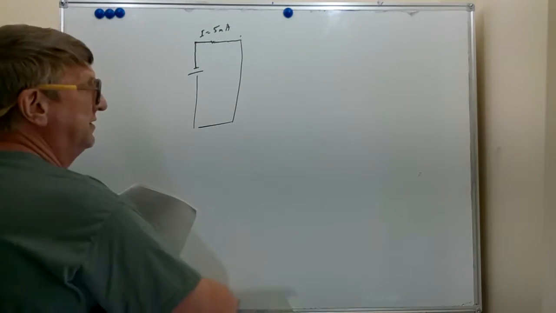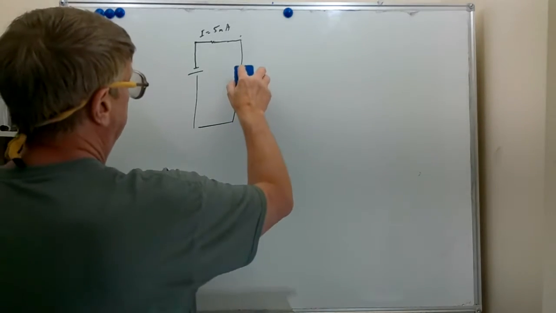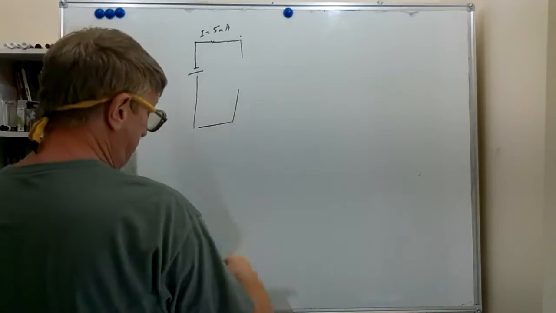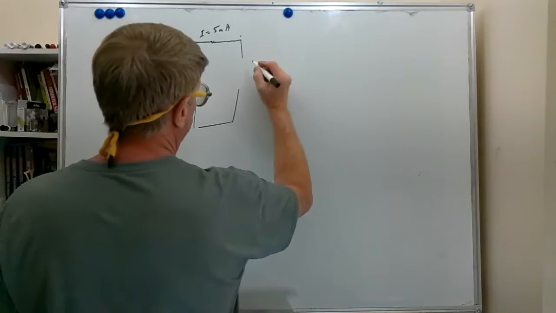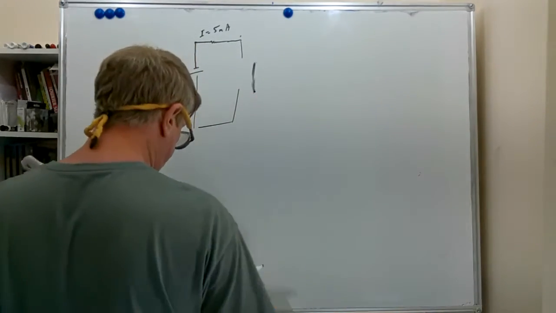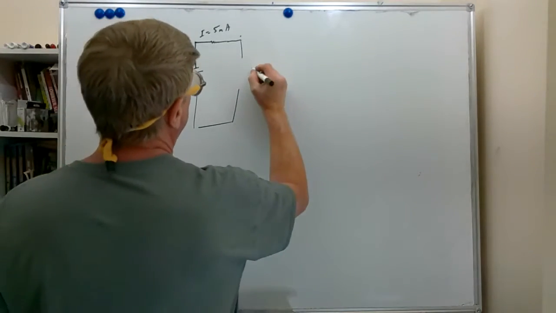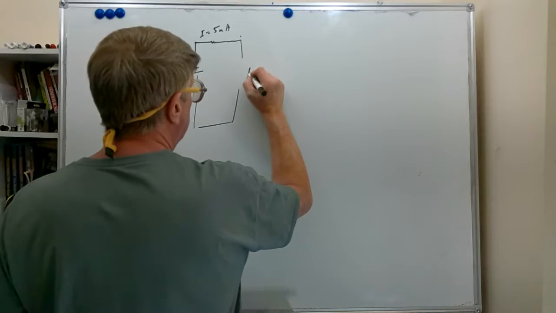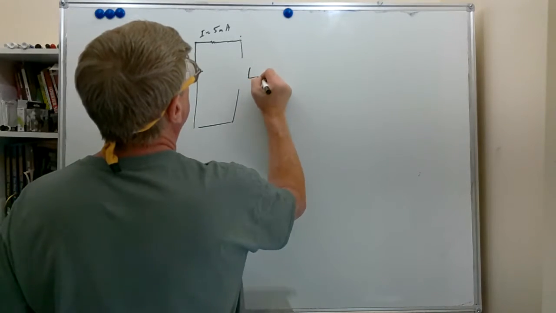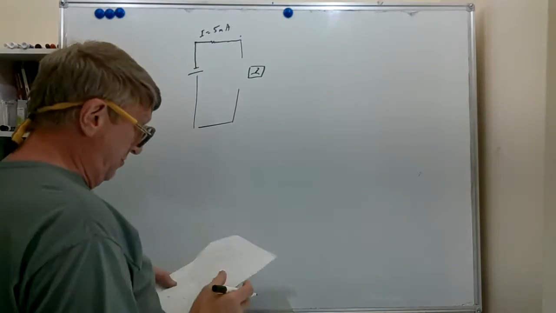Now we want to add a meter to that thing. We want to actually measure that current. So put the meter here. We'll put the meter right here, the meter movement. We don't have a 5 milliamp meter movement.